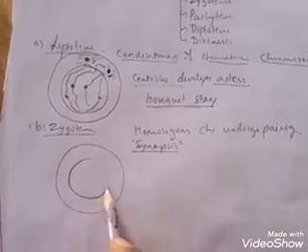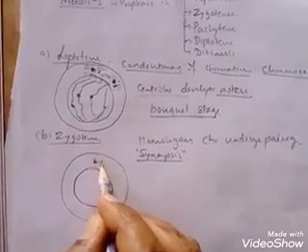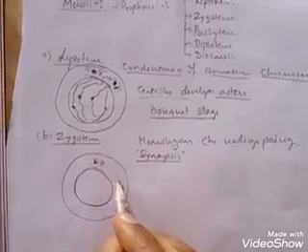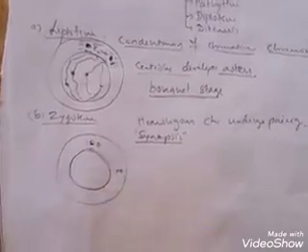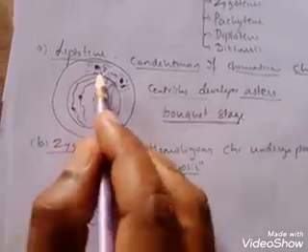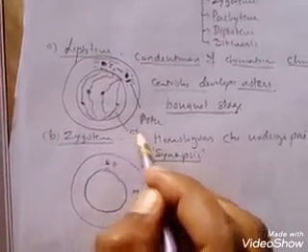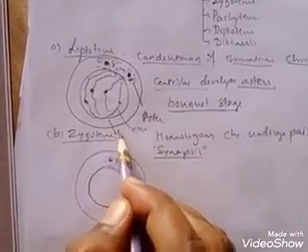This is the cell, this is the nucleus, and you can show the asters here. They start moving here. You can also mention these as chromosomes, and this is the nuclear membrane.